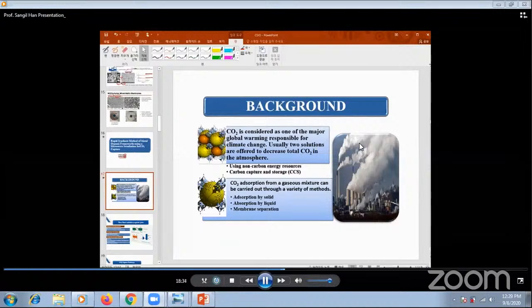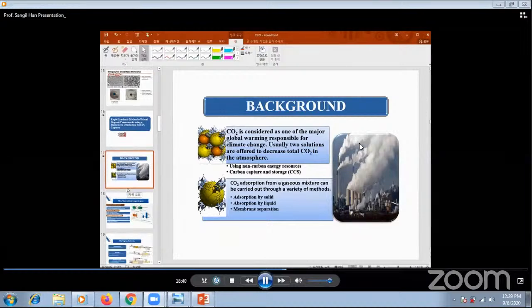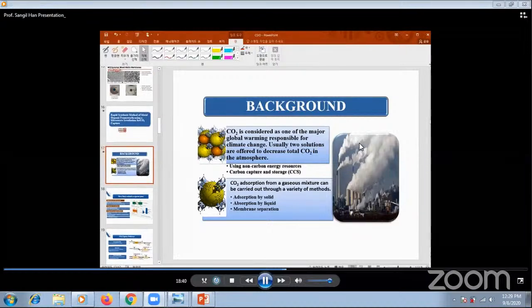Now this is the background for why we have to do CO2 capture. As you know, CO2 is a greenhouse gas which causes the major global warming problems responsible for climate change. So it should be captured before releasing to the air.